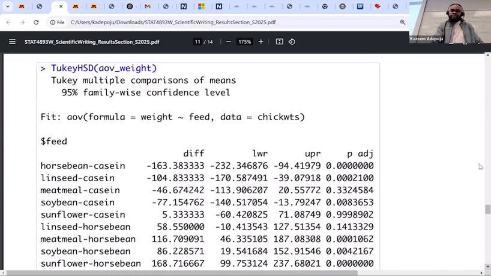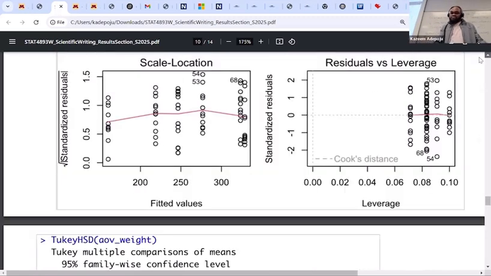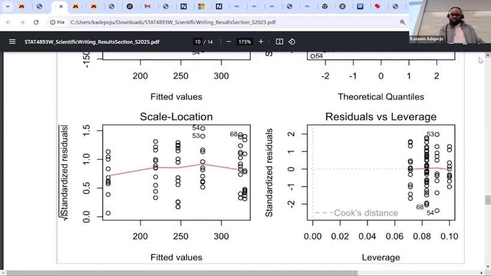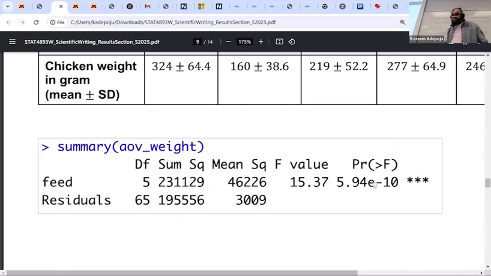Now, if everything is okay, if there's no violation of assumption, and the null hypothesis has been rejected, there's one weakness that I have with the analysis of variance. The analysis of variance is not going to tell you where the difference lies.